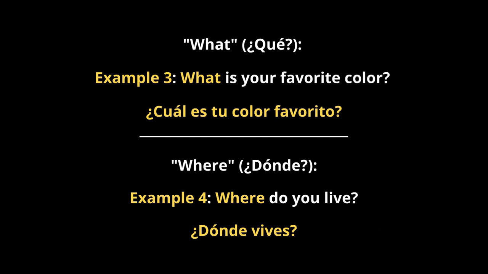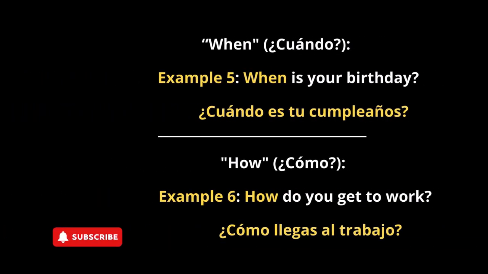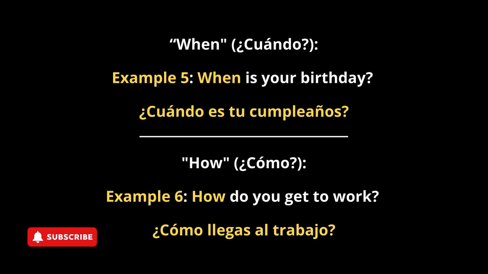What is your favorite color? Where? Example 4. Where do you live? When? Example 5. When is your birthday? How? Example 6. How do you get to work?